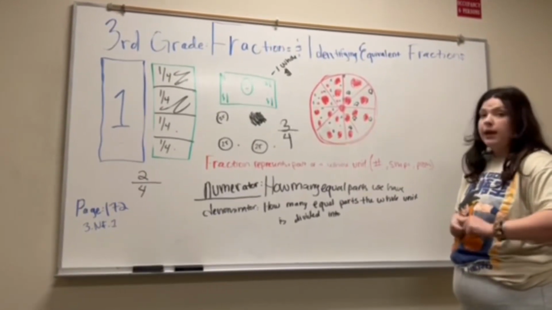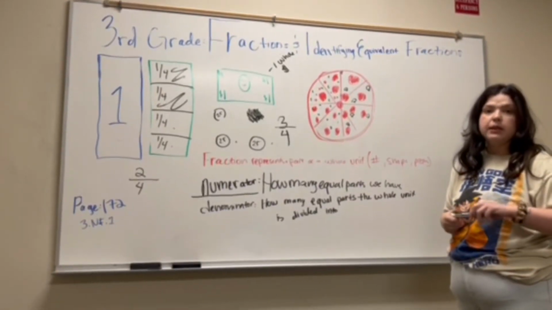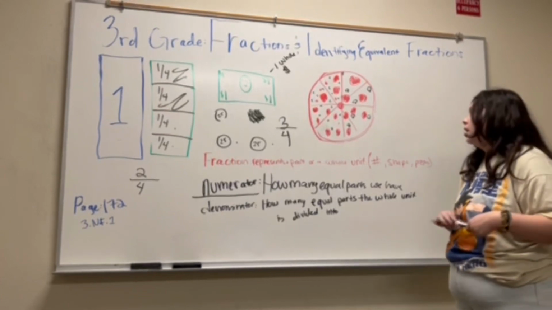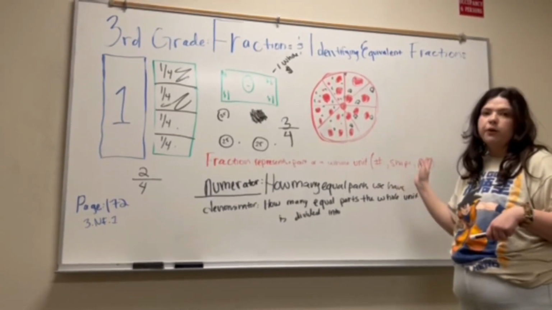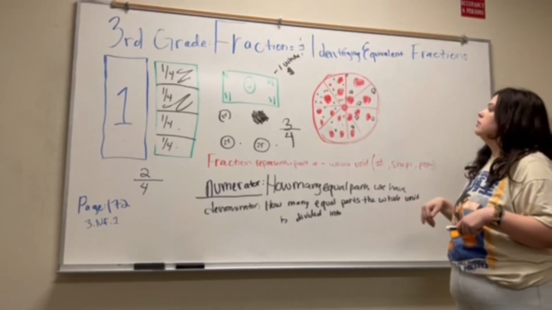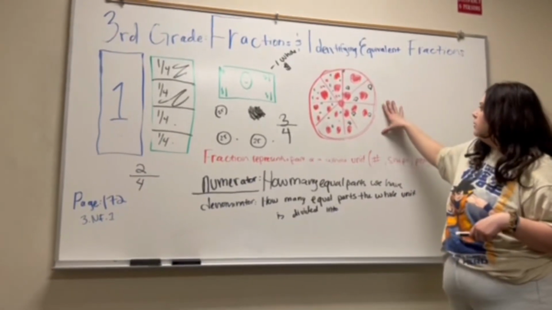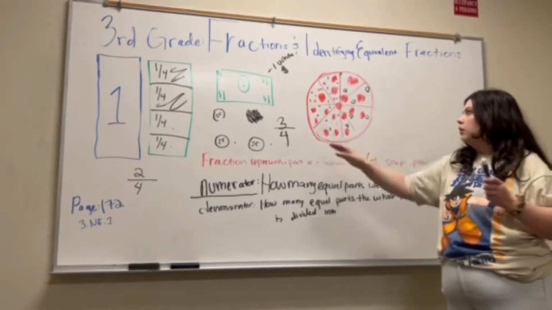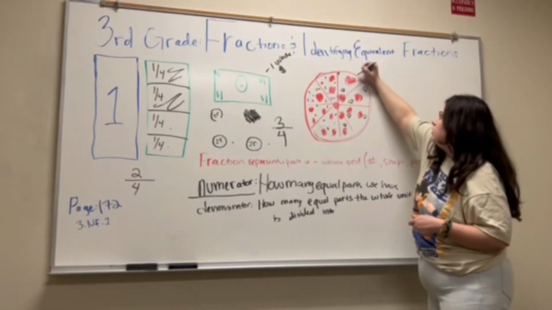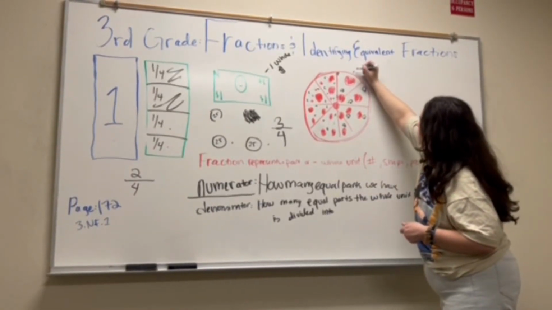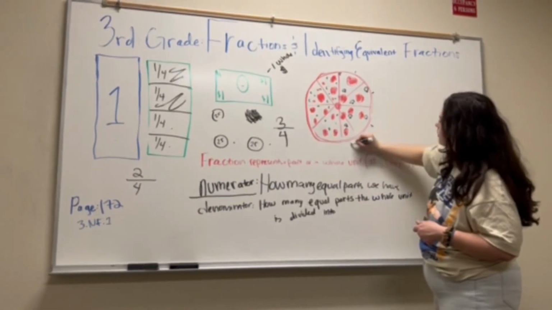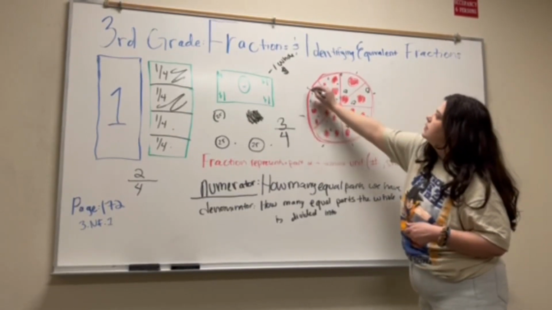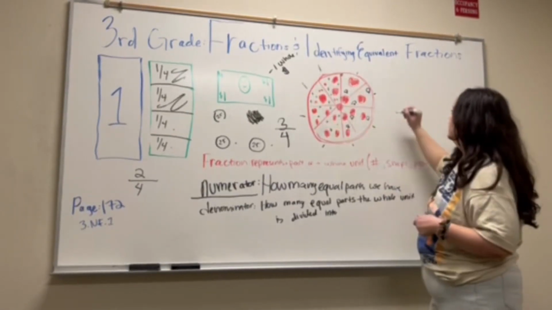Let's say you got an A on your math test and your mom's going to buy you pizza for dinner to celebrate. And you love mushrooms, but your brother hates them. He loves olives. Your mom's going to order half pepperoni and mushroom and half pepperoni and olive. Let's go ahead and count how many units these are divided into. So it's 1 slice, 2, 3, 4, 5, 6, 7, 8 slices.